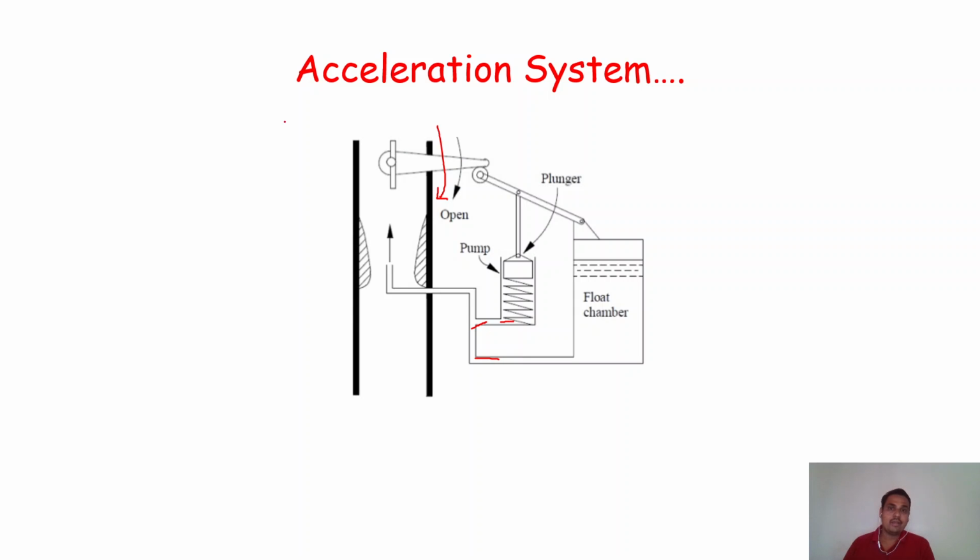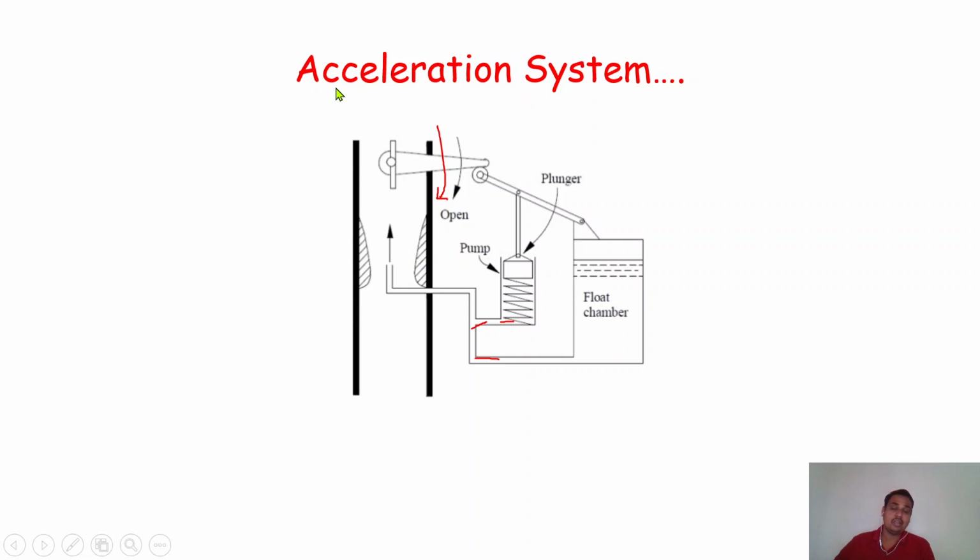With the help of this acceleration system, as the spring pressure acts inside this section where petrol is already there, we can accelerate the flow of petrol inside the tube of the fuel metering jet, and send the accelerated fuel inside the throat section.